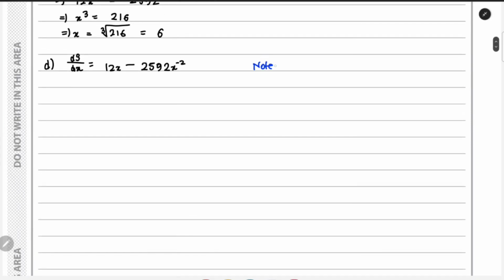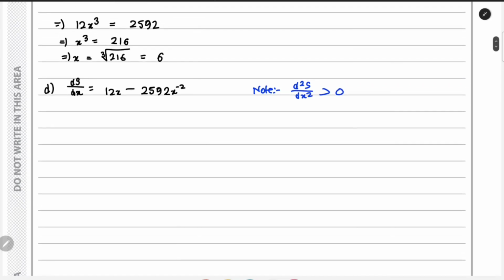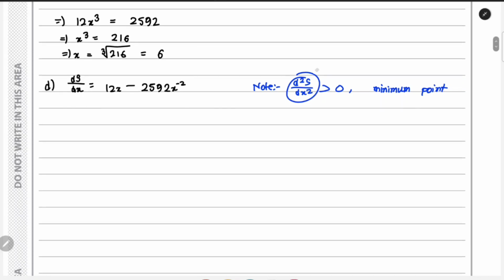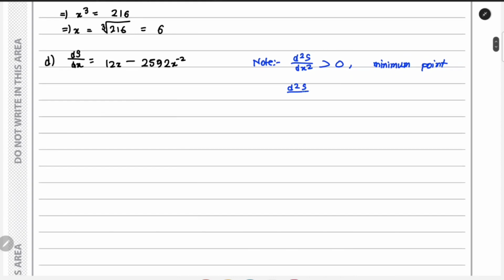We have to note that if the second derivative is positive, we find a minimum point. This curve basically shows that we have a shape like this. If we have d square s by dx square less than 0, we get a maximum point. And in case d square s by dx square is equal to 0, we get a point of inflection.